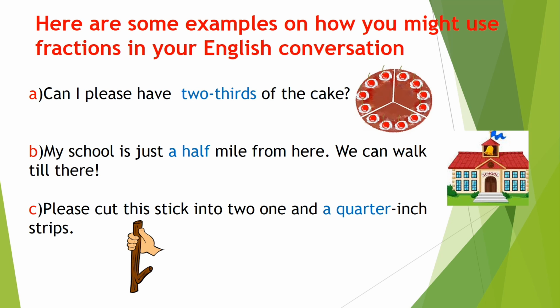For example, the first one: can I please have 2/3 of a cake? The picture shows that the cake is divided into 3 equal parts. So you are making a sentence, can I have 2/3, that means 2 pieces, 2 parts of the cake. So what fraction have we used here? 2/3. The second sentence says my school is just a half mile from here.